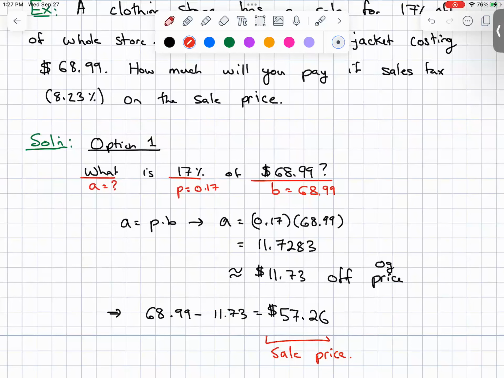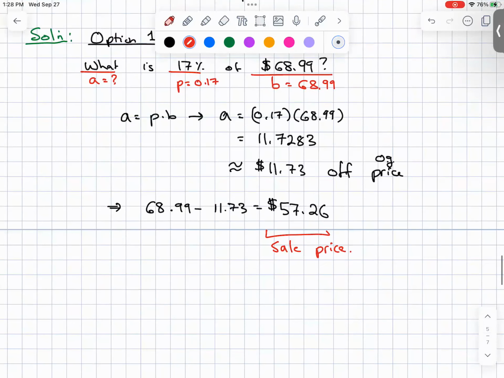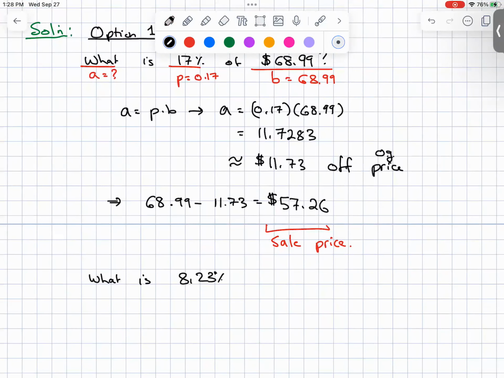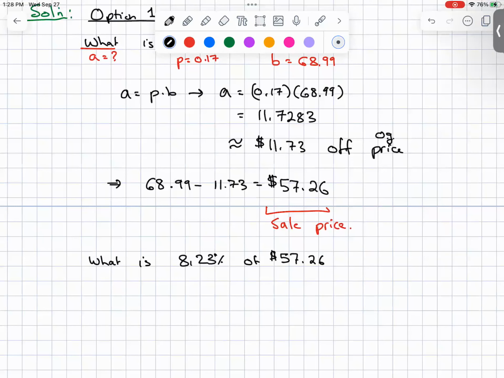So, now that we have that, this is, once again, the long way of doing things. And I'll show you the shorthand way as well. So now, what is 8.23% of $57.26? Same situation. A is the unknown, because we're trying to find the amount that you're going to have to charge for sales tax.